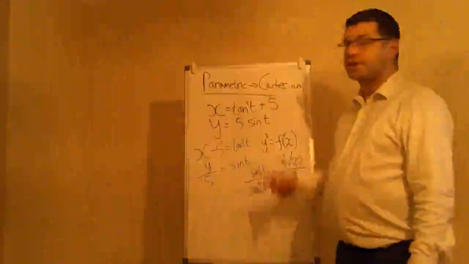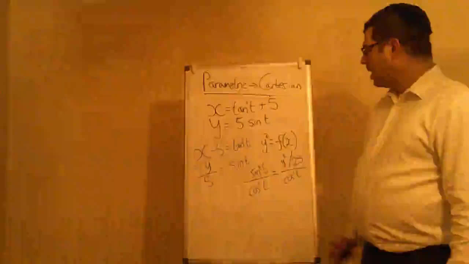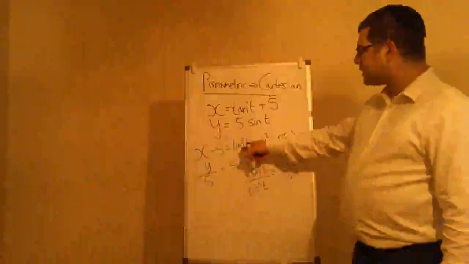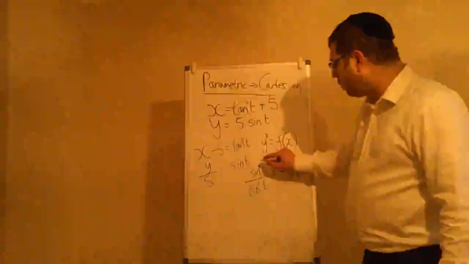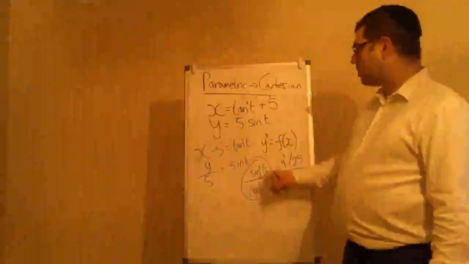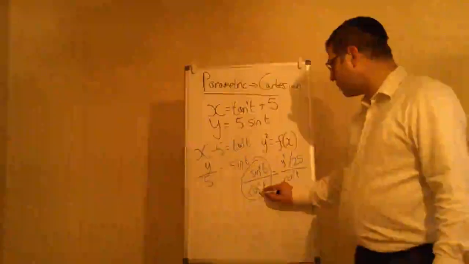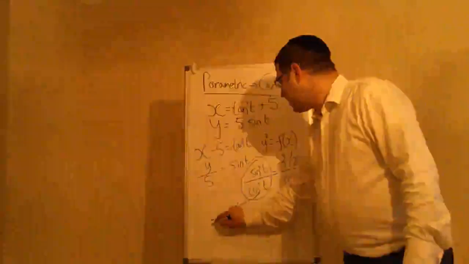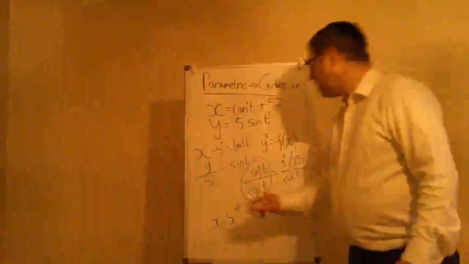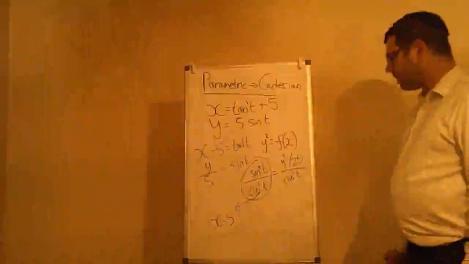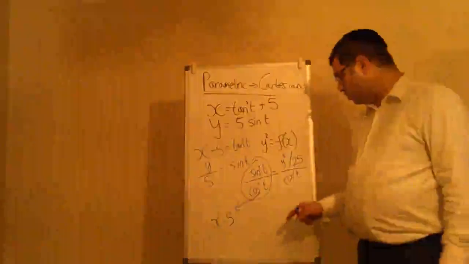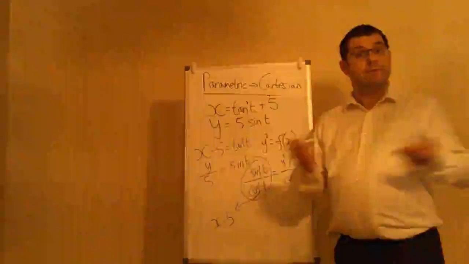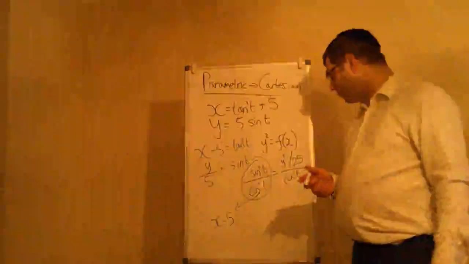Right, we've got sine, we don't have. Now sine squared over cos squared, remember, was tan squared. So actually this whole thing, sine squared over cos squared, which is tan squared, is this, x minus 5. So that is x minus 5. The only thing now left to do is to get cos squared, and then we've got rid of t, which is what we wanted to do.